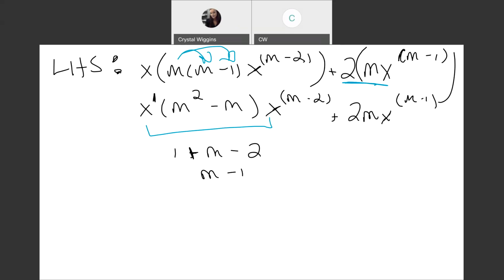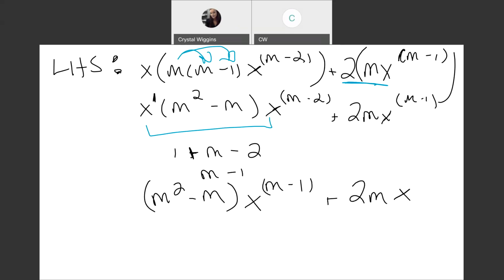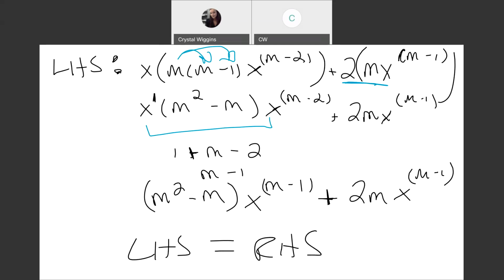So now we know our left-hand side is m squared minus m times x to the m minus 1 plus 2m times x to the m minus 1. So now I know that I have two like terms with different coefficients. Now I want to take this simplified left-hand side and set it equal to the right-hand side in order to attempt to solve for m.